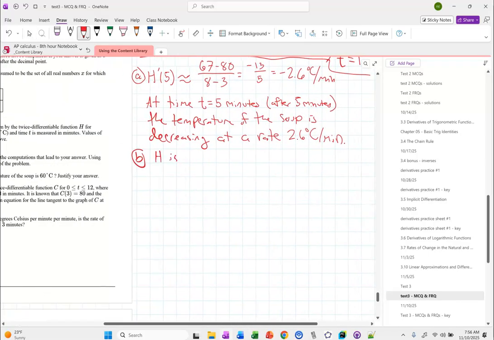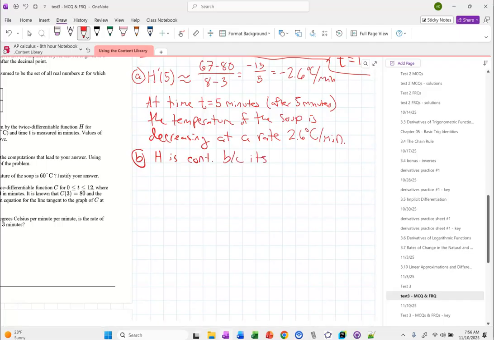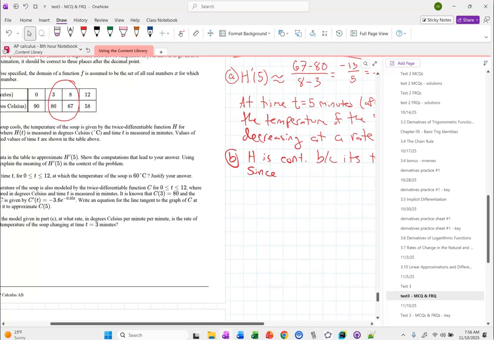So h is continuous because it's twice differentiable. Okay? And then the second piece that we need is two y values that sandwich, in this case, 60 degrees. What would those two y values be? 58 and 67, right?